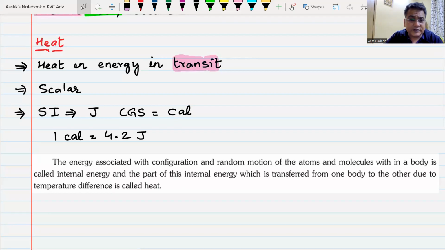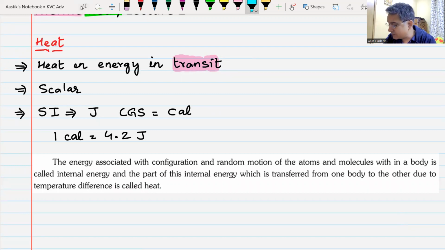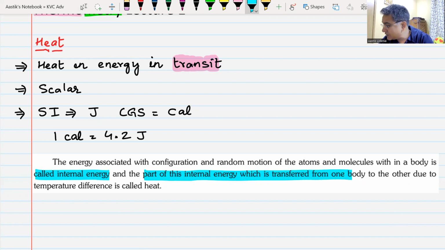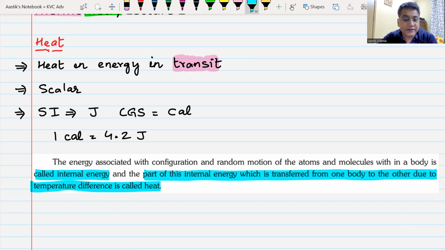But because of this random motion of these molecules, every body has something known as the internal energy of the body. Now, when it is inside the body, the energy is known as internal energy. But when a part of this internal energy is transferred from one body to the other body because of temperature difference, that is known as heat.